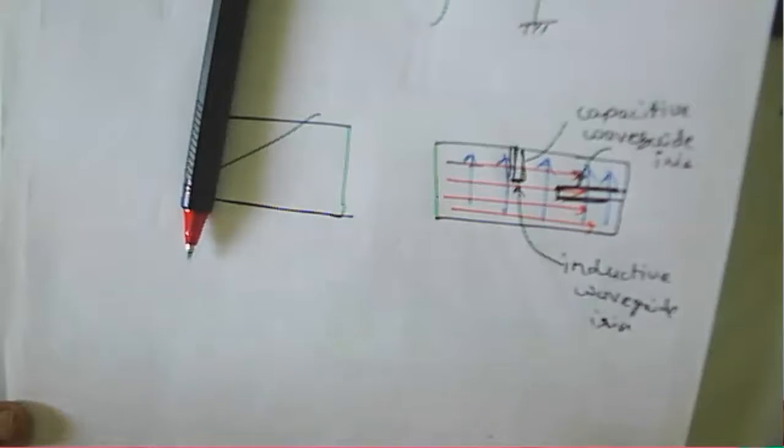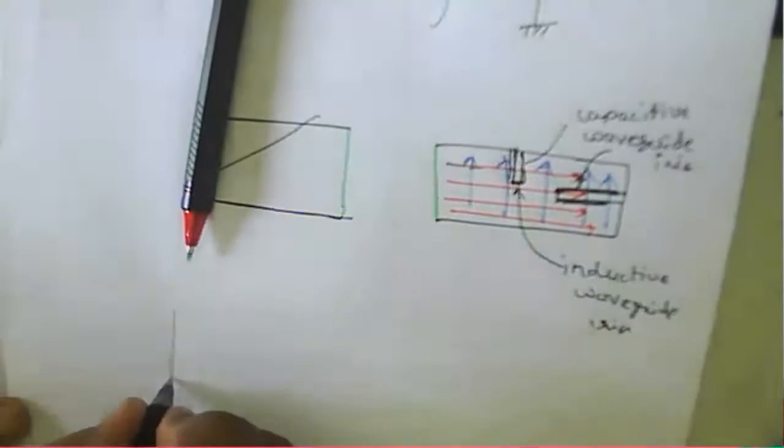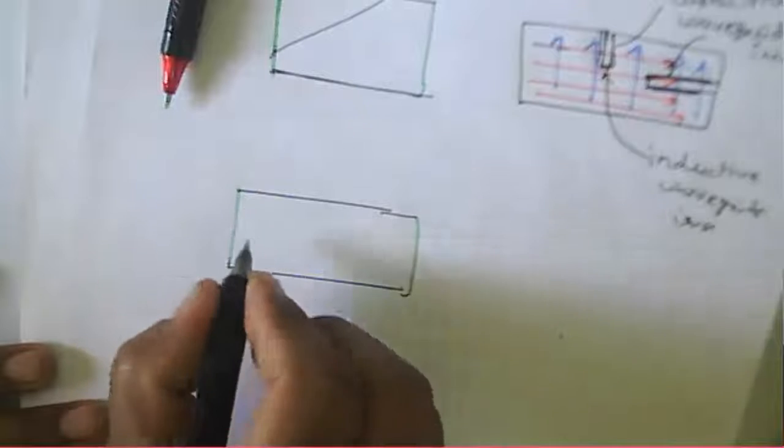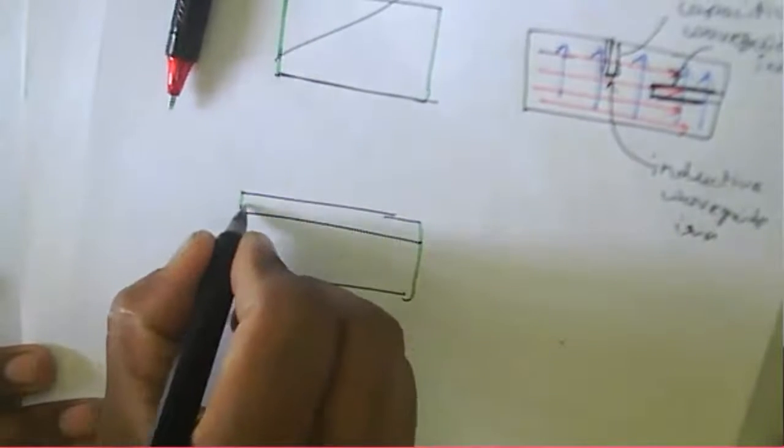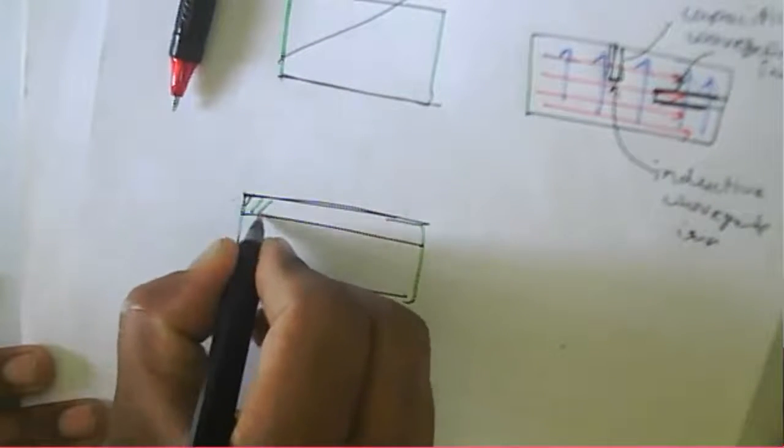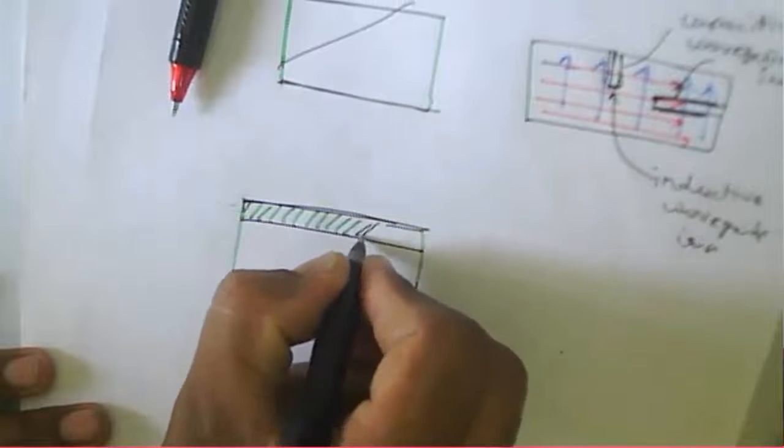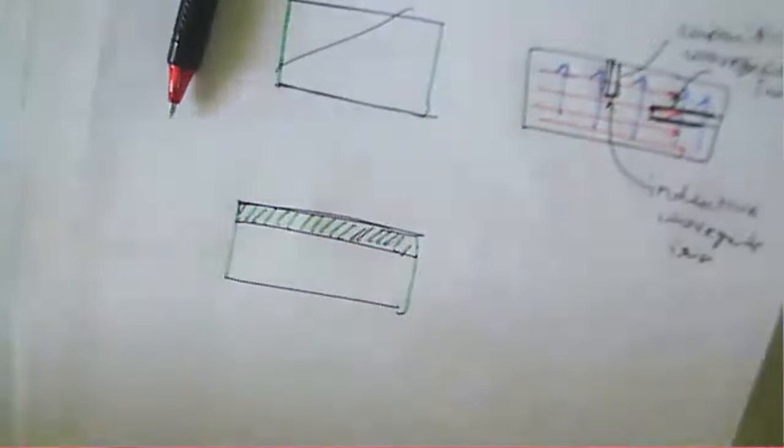That is why it is a capacitive waveguide iris or an inductive waveguide iris. In a rectangular waveguide, if we consider some particular obstacle in the given portion, that is the iris.